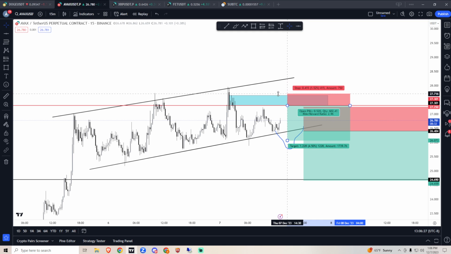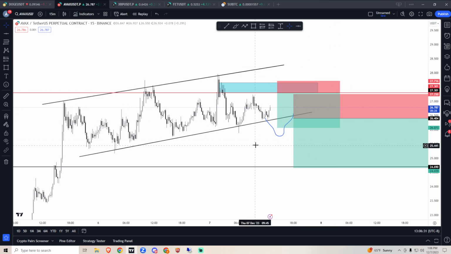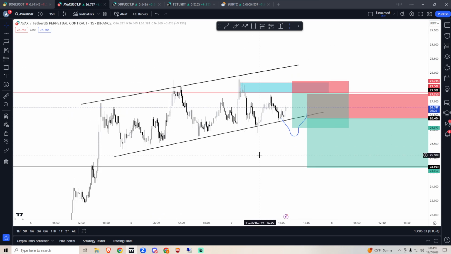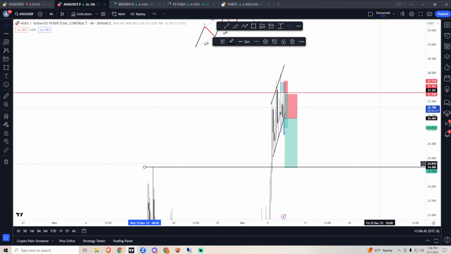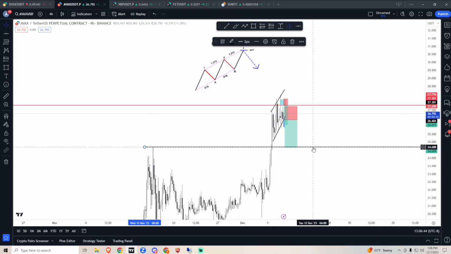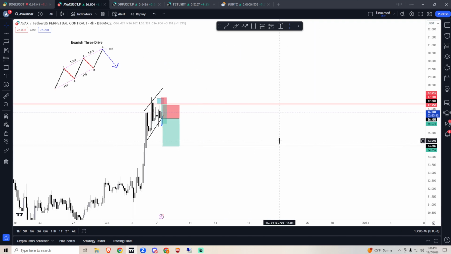And stop loss somewhere there. For me, if we do get this SR point at 24.69, right, previous resistance, we broke out, that's a long for me. I'm not looking to short.